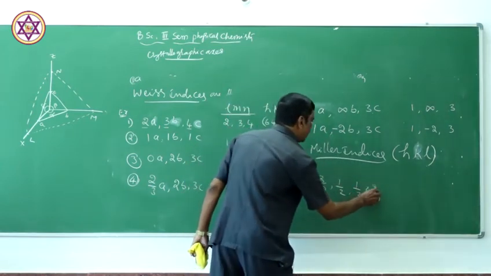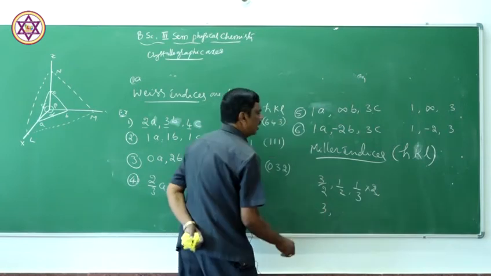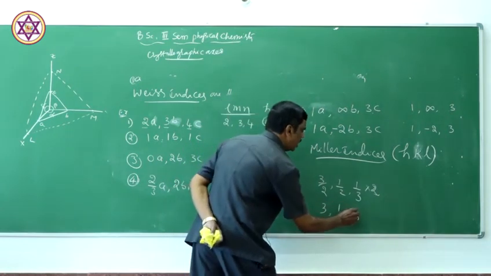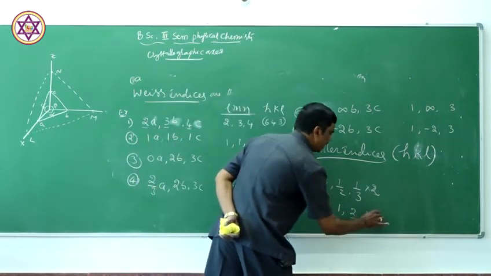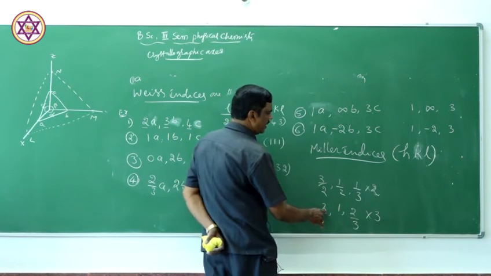If you multiply this by 2, this becomes 3, 1, 2 by 3. Next, you multiply this by 3. Now, this becomes 9, 3, 2.